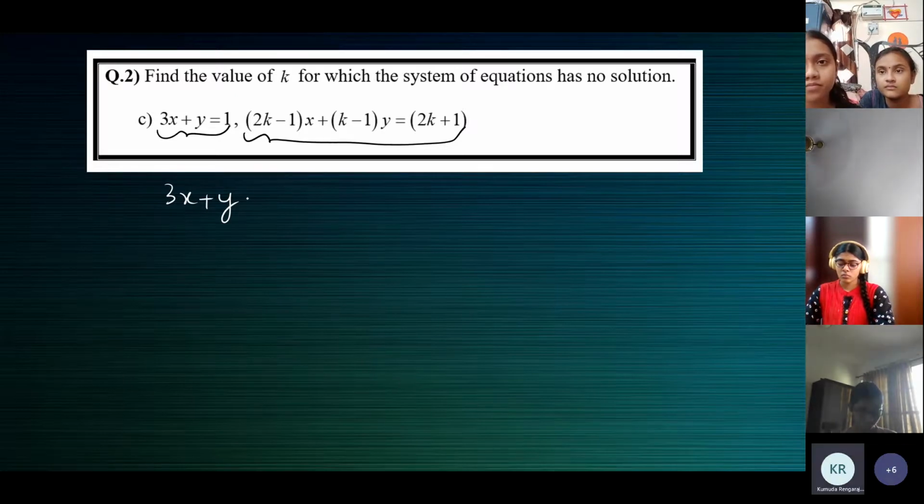3x plus y is equal to 1, ma'am. No, that is what is given. How do you write it in the standard form? Take 1 to the other side. Yeah, take 1 to the LHS.